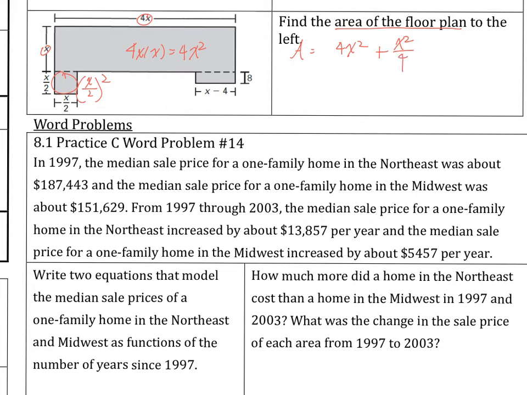And then we can look at this little rectangle here. It's 8 times x minus 4. So this makes 8x minus 32. And we can go ahead and combine this. So this could be 16 over 4 x squared. And then we have 17 over 4 x squared plus 8x minus 32, with all the exponents in decreasing order.